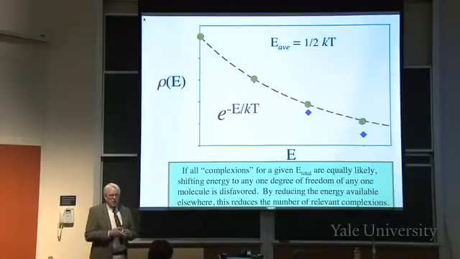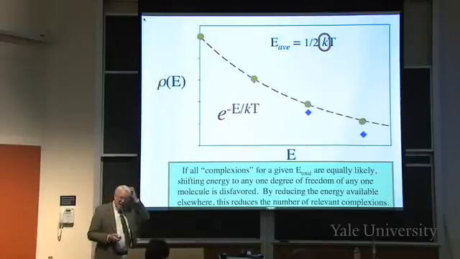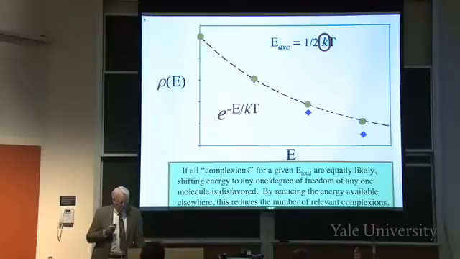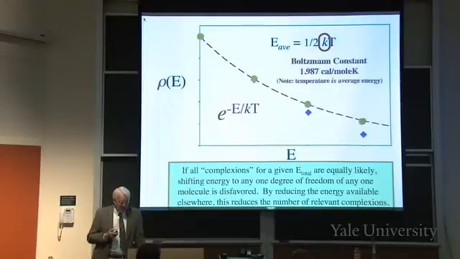So it turns out that if you do this, the average energy is 1/2 kT in this degree of freedom, which is to say that k, the Boltzmann constant, relates temperature to average energy. Temperature and average energy at equilibrium are the same thing, okay, for each degree of freedom.